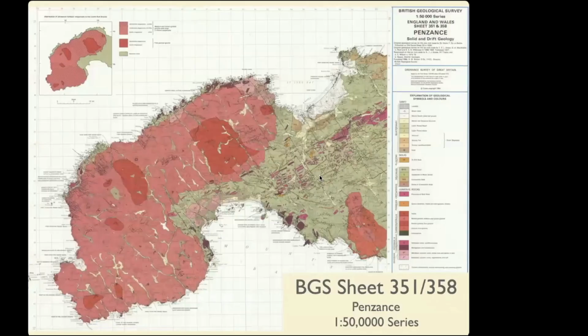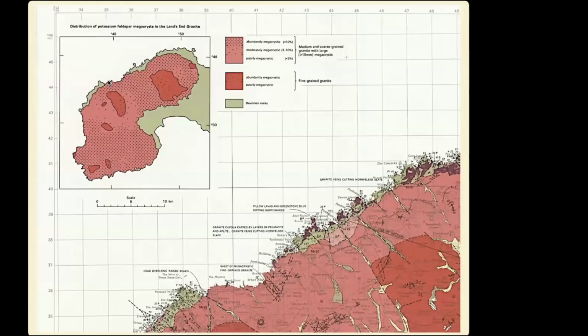So if we just go back to this, the BGS sheet, and we look up here in this top corner, because this is a really interesting map. This is a distribution of potassium feldspar megacrysts in the Land's End granite. So you have the pink color is coarse-grained granite, and the darker color is fine-grained granite.